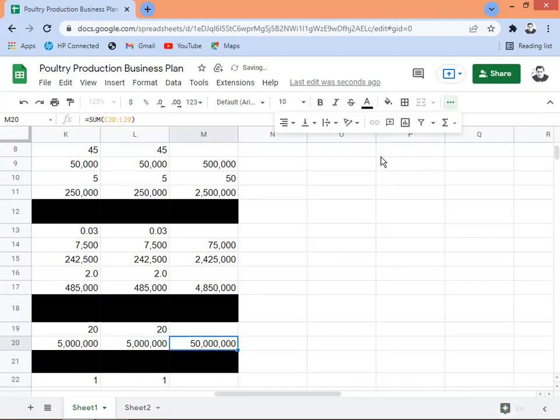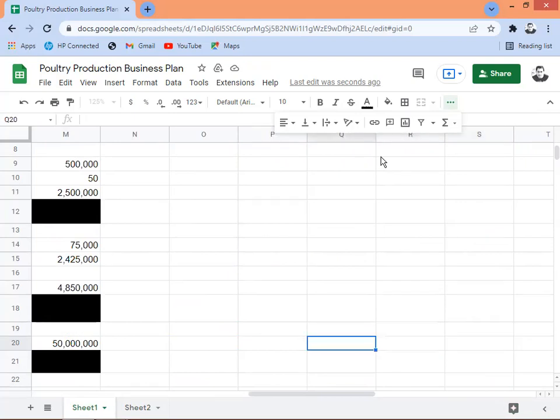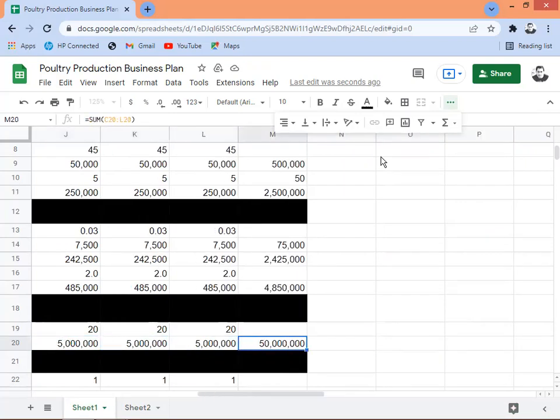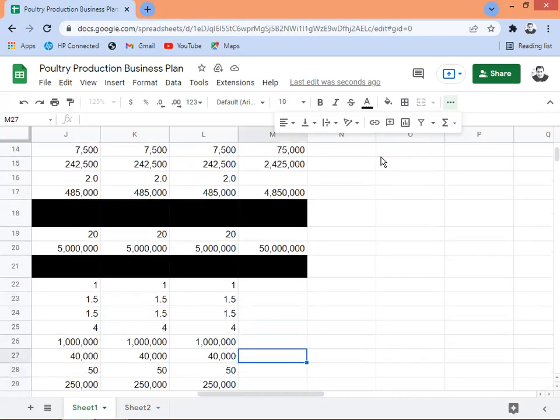This is the 50 million, the total DOC, the day-old chicks cost for the 10 houses. No need to total this. This is the 1 million, or 10 million for the 10 houses, total feed in kilograms.